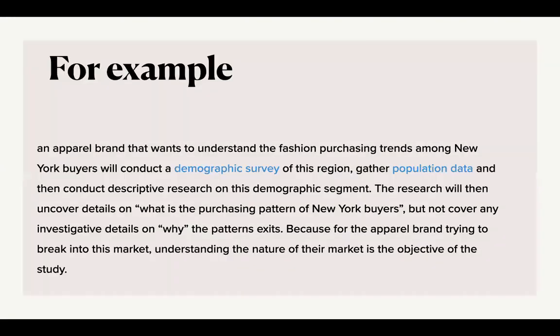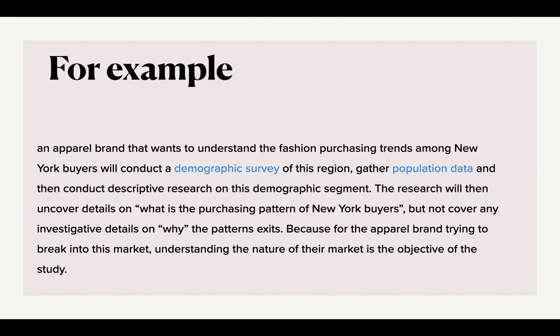For example, an apparel brand that wants to understand the fashion purchasing trends among New York buyers will conduct a demographic survey of this region, gather population data, and then conduct a descriptive research on this demographic segment.